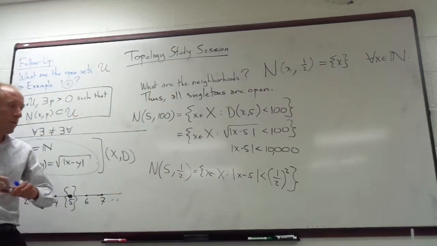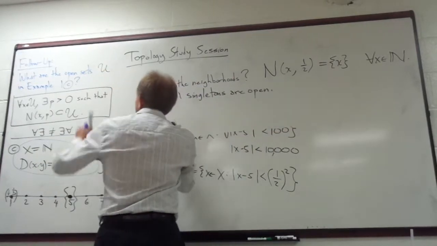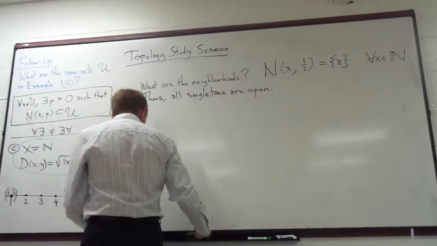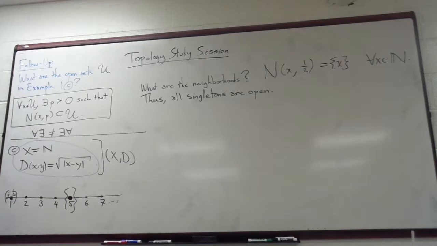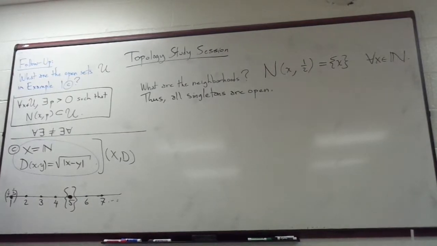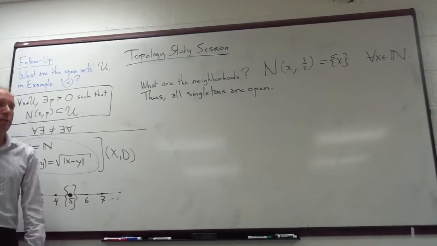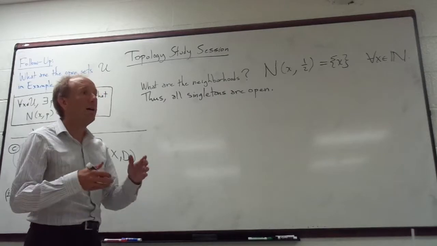And if all singletons are open, then what I would like somebody to tell me is, can you go back now and tell me what are the open sets in this example? Any union of singletons. Any union of singletons is still open, right? Well, if you take a union of singletons, what kind of stuff can you get? Any set in the natural numbers.